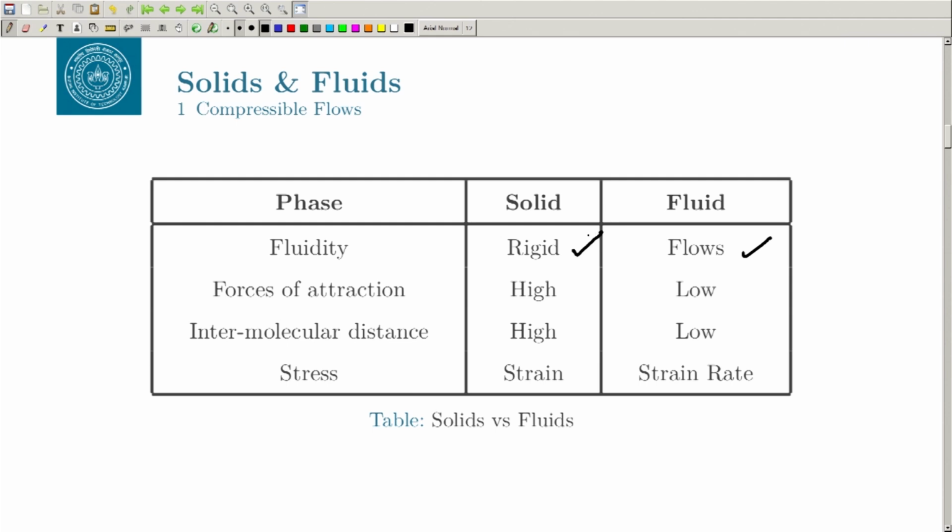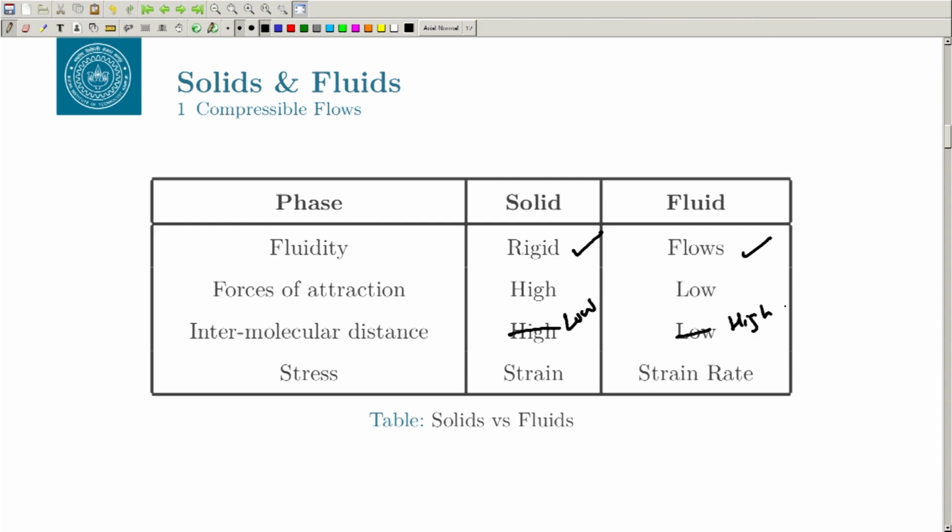Now, in terms of forces of interaction, in the case of solids the molecules are very closely packed, so the forces of attraction are high. And yes, there is an error here: the intermolecular distance will be low in the case of solids and high in the case of fluids. The force of attraction will be high in solids precisely because the intermolecular distance is low.